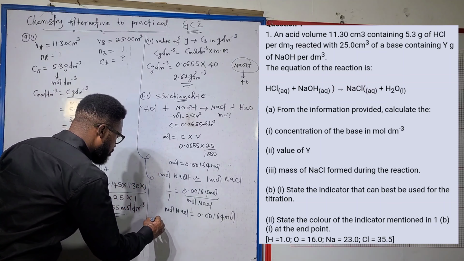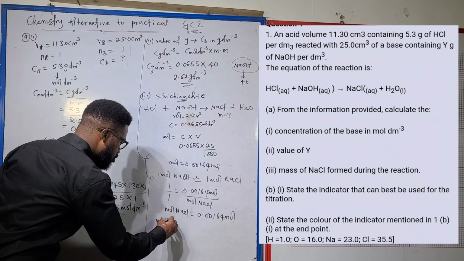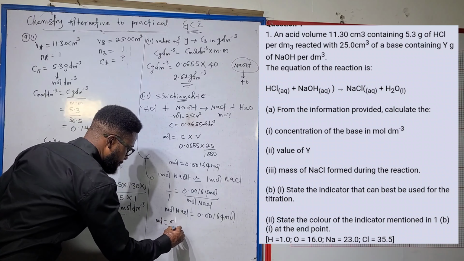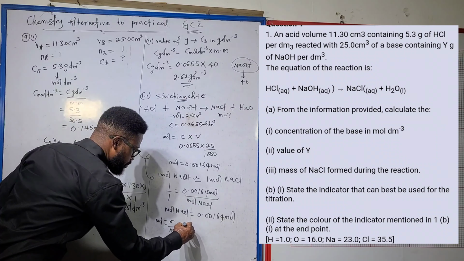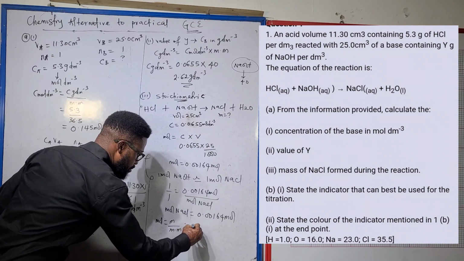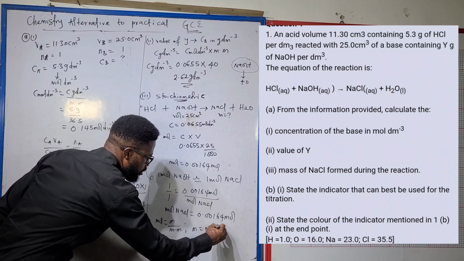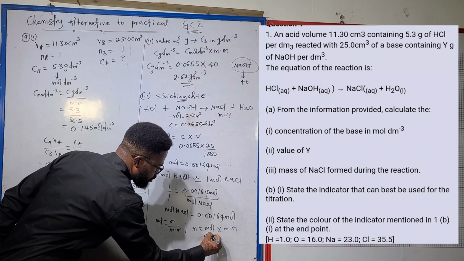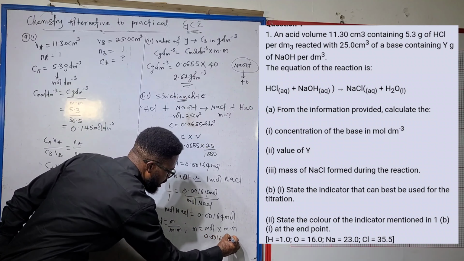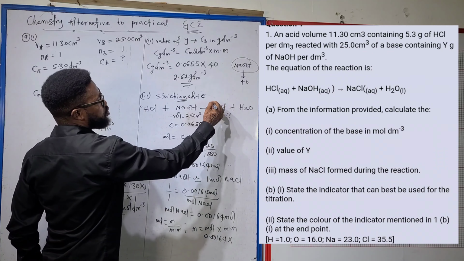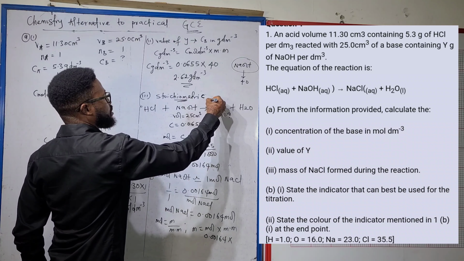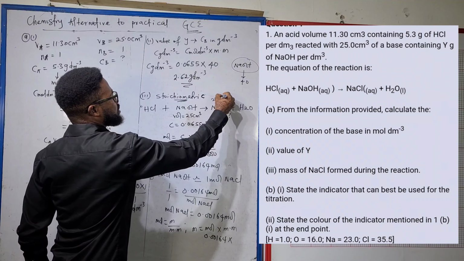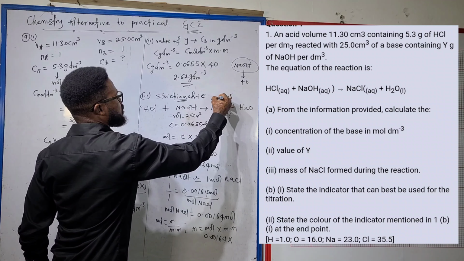Having said that, we were told to look for the mass. Recall that mole equals mass over molar mass. Therefore, mass equals mole times molar mass. The mole here is 0.00164. The molar mass for sodium chloride, sodium is 23, chlorine is 35.5 as given in the question.